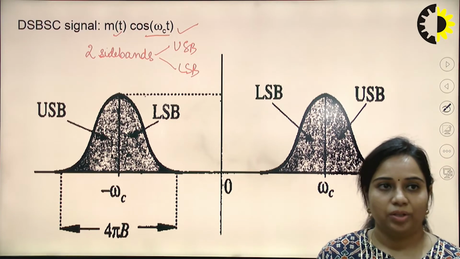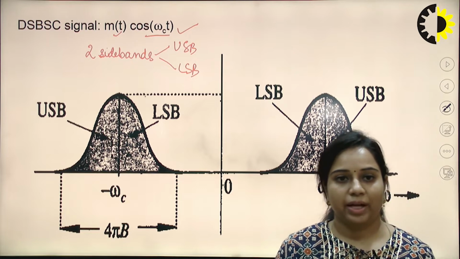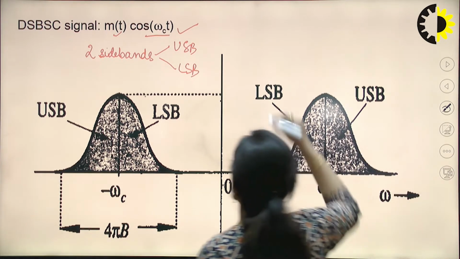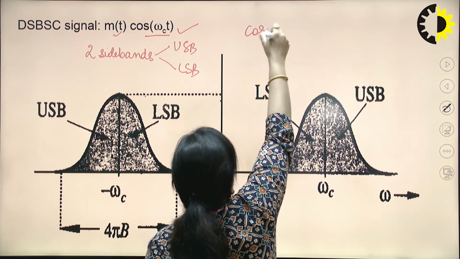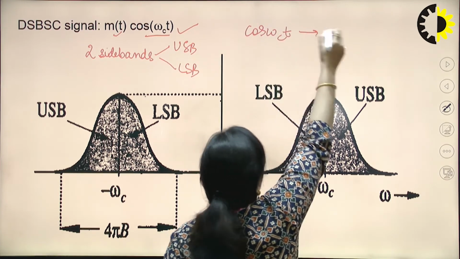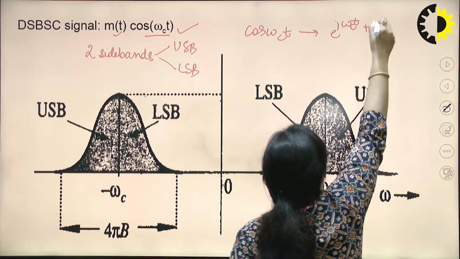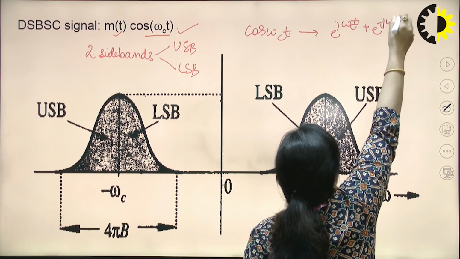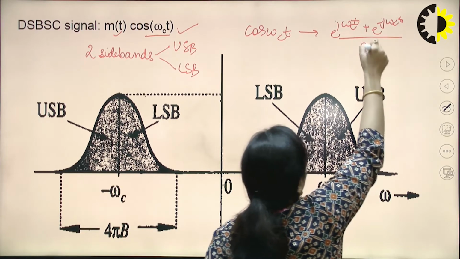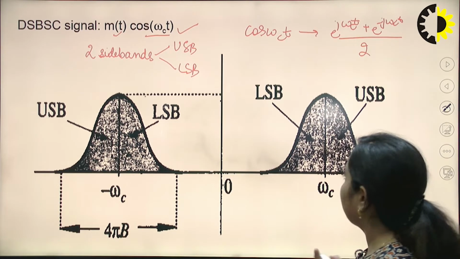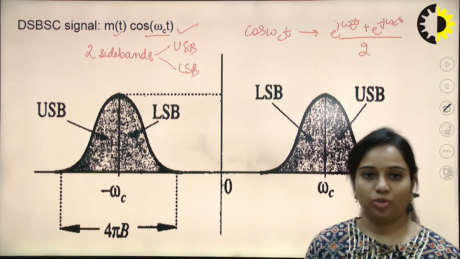According to this equation, the cosine term can be divided into two exponential terms. Cos omega ct can be written as e to the power j omega ct plus e to the power minus j omega ct, divided by 2. So you can write this cosine term as two exponential terms.